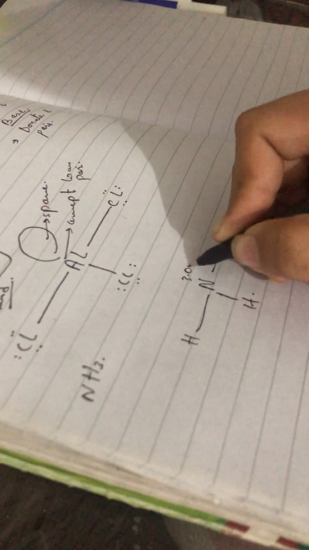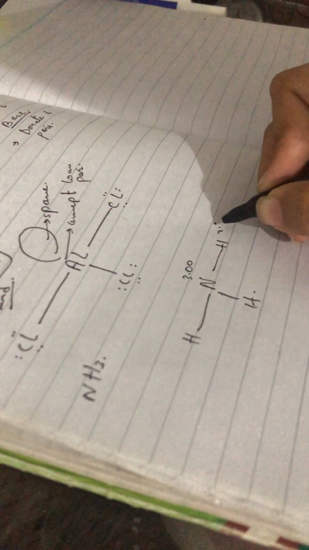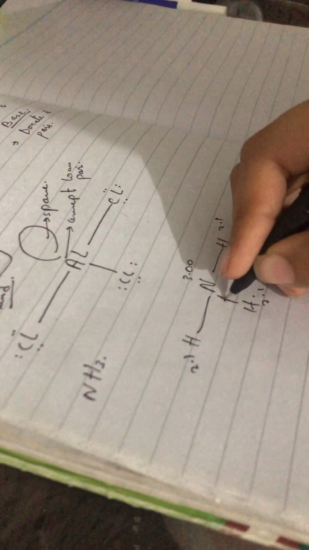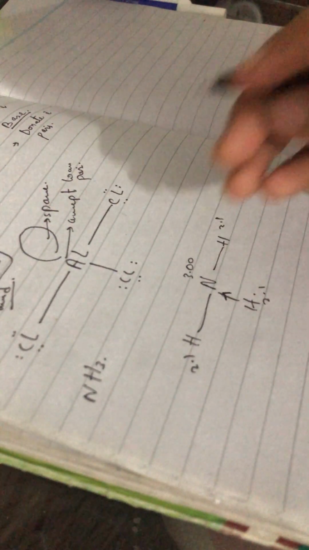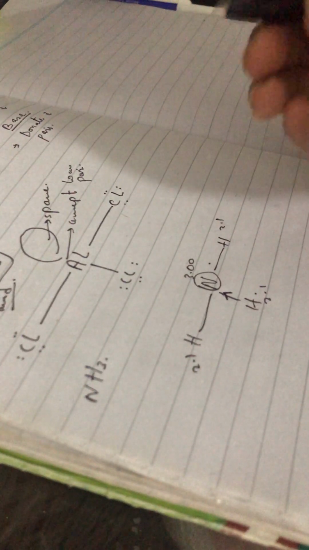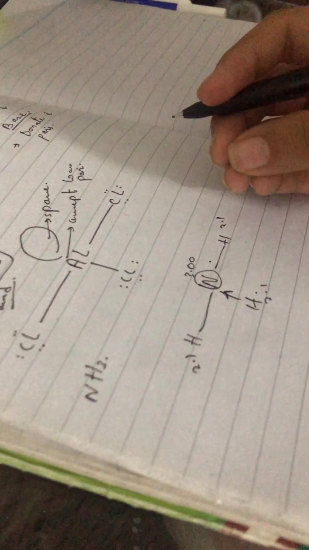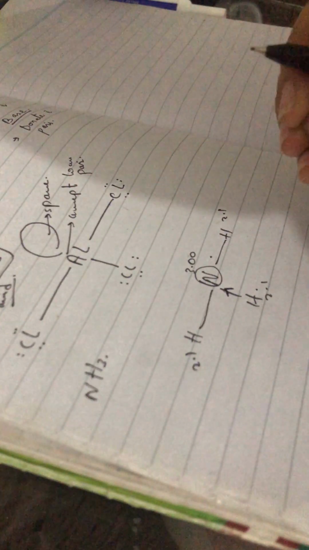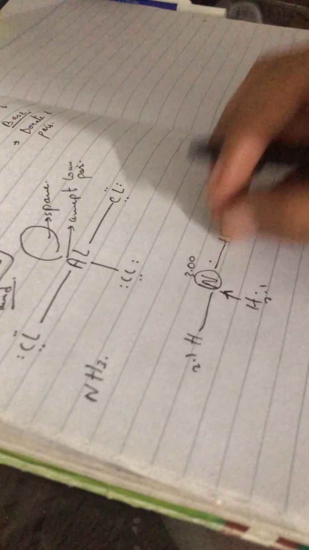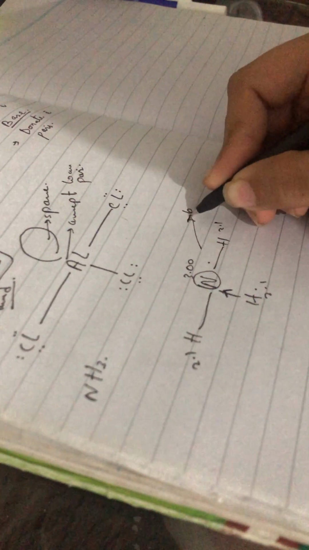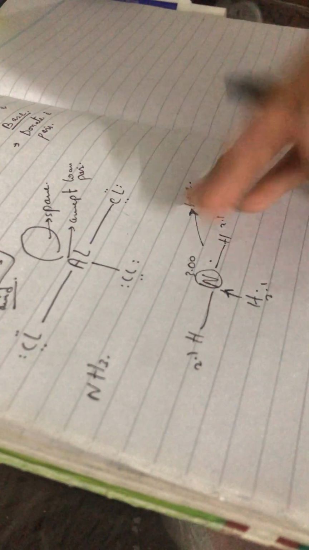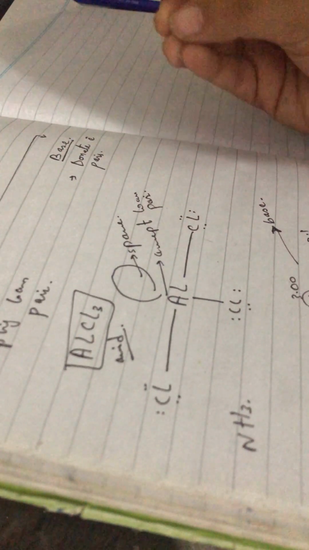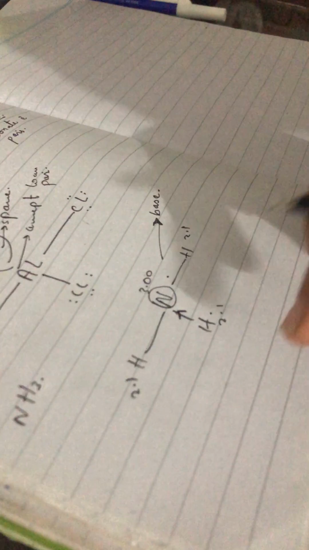Because the electronegativity of nitrogen is 3.0 and that of hydrogen is 2.1. So the electron density is more towards the nitrogen, and nitrogen can donate a lone pair. So this will be called a base. Any element that can donate an electron pair is known as a base.